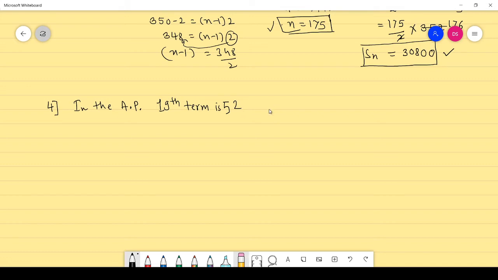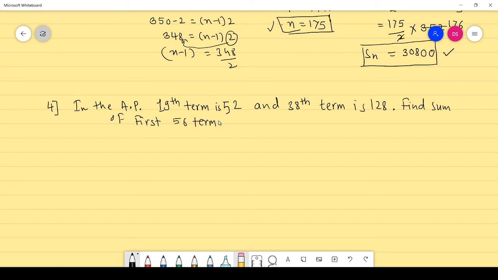And the 38th term is 128, and they ask you to find the sum of the first 56 terms.